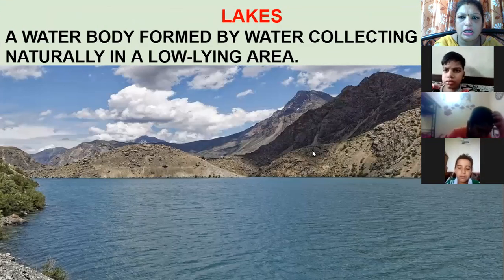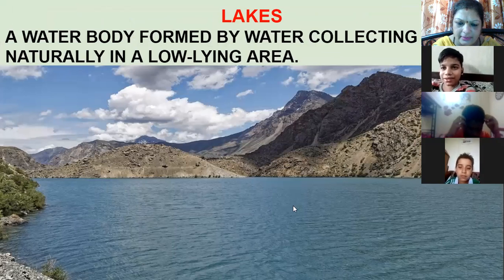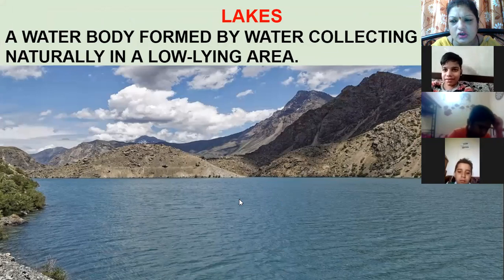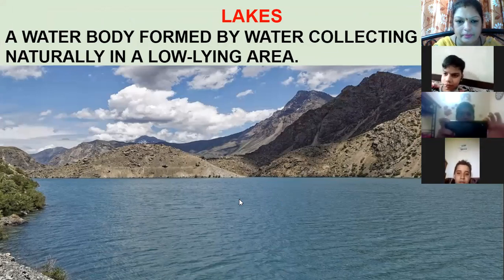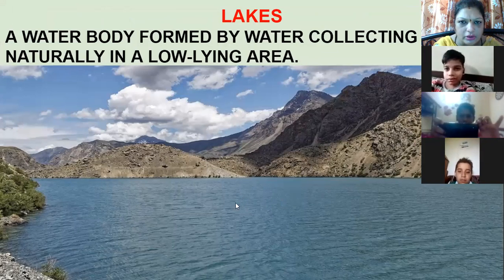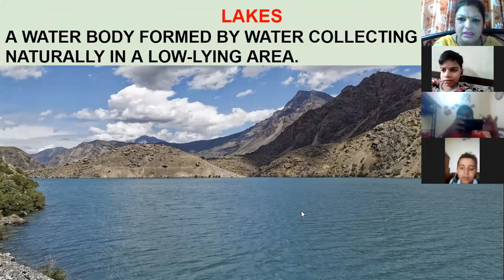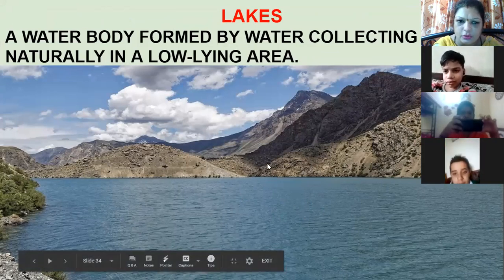Now, look at this beautiful picture. You can see the mountains around, and this is water. Now, this water is not salty. This water is fresh water. Which is this water body? It is a water body which is naturally formed. You can see the mountains over here.